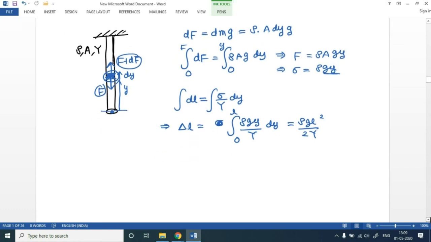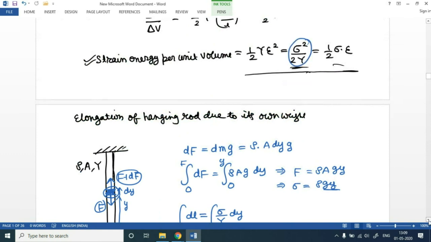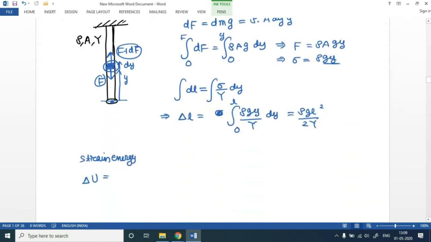Let's say we are also interested in finding out the strain energy stored, or delta U. Let's use this formula which we have written over here, the most appropriate way. Strain energy per unit volume was nothing but sigma square upon 2Y, and that multiplied with dV will give the energy stored in this elemental volume.